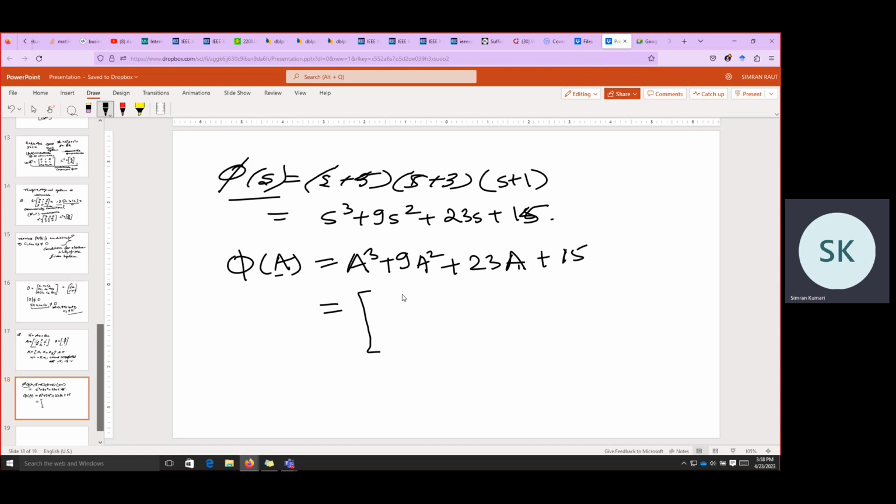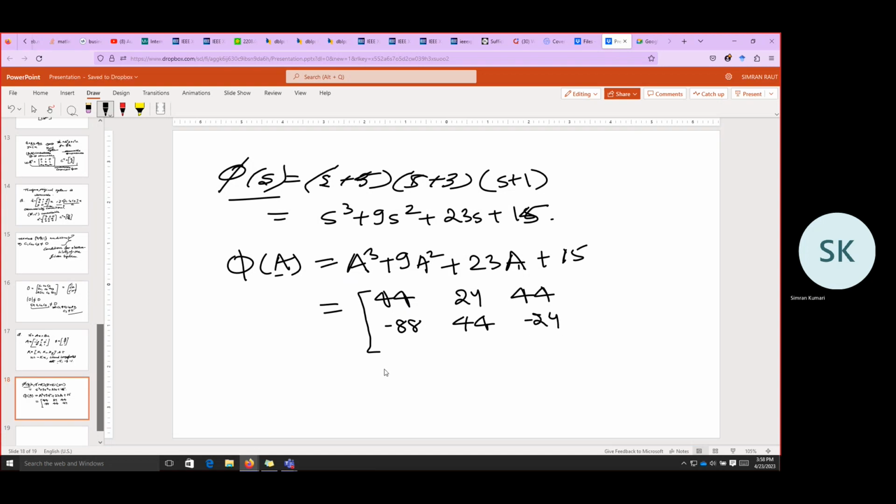I'll write the values. So this is the matrix.